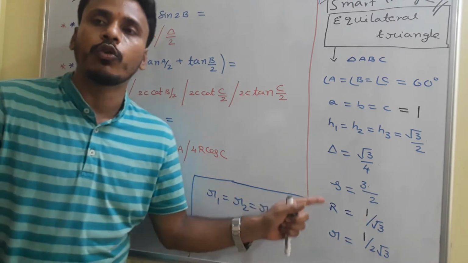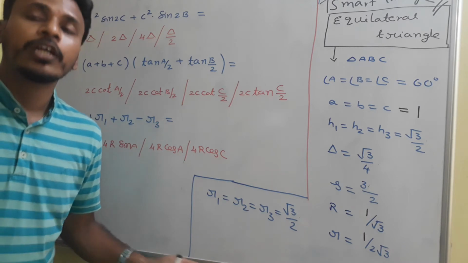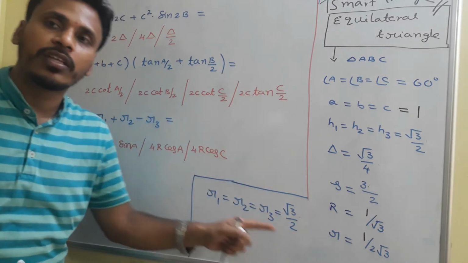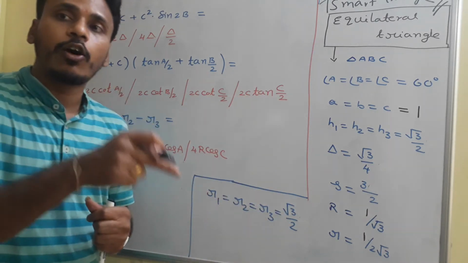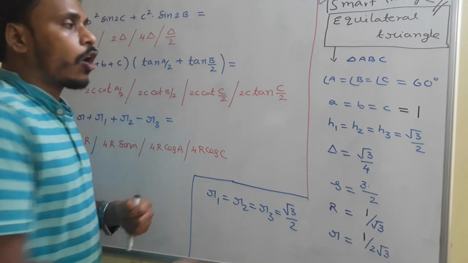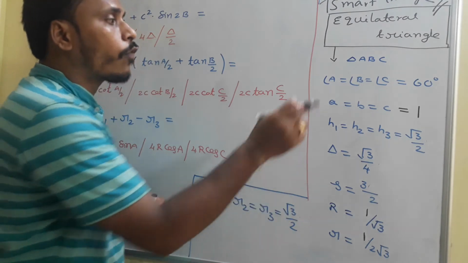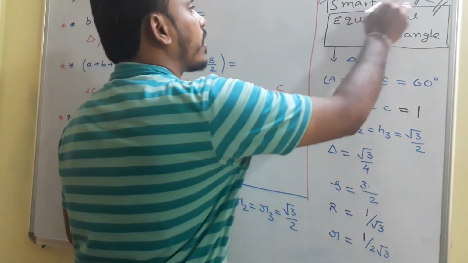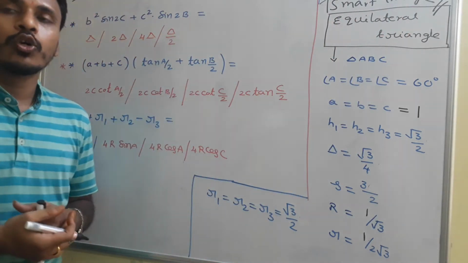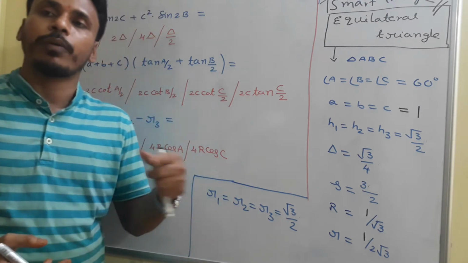So I have mentioned all the formulas for the equilateral triangle. If the side of the equilateral triangle is 1, then all these formulas will become like this. So an equilateral triangle of side length 1 unit is usually considered a smart triangle to solve the objective problems in a super smart way.